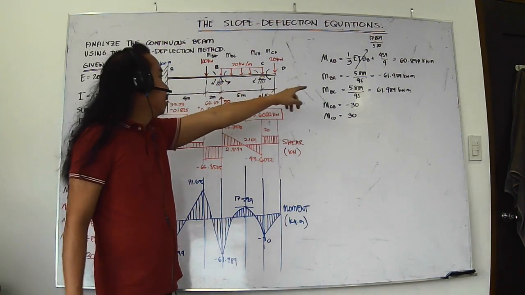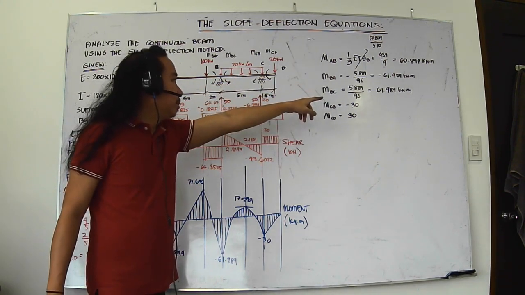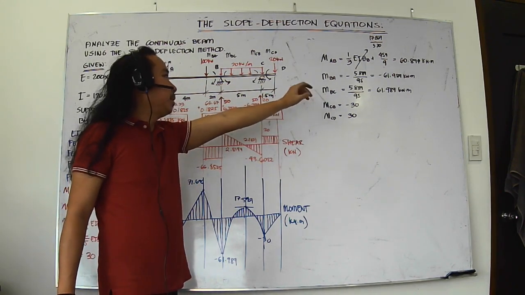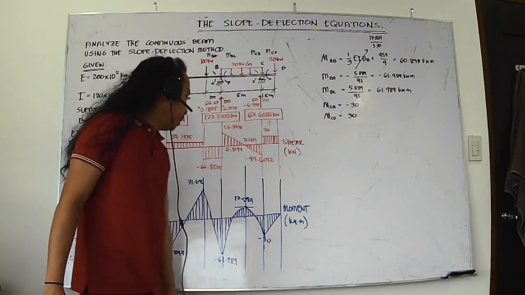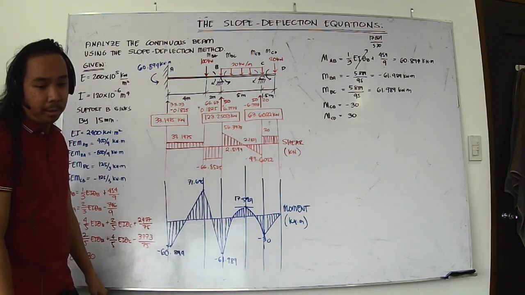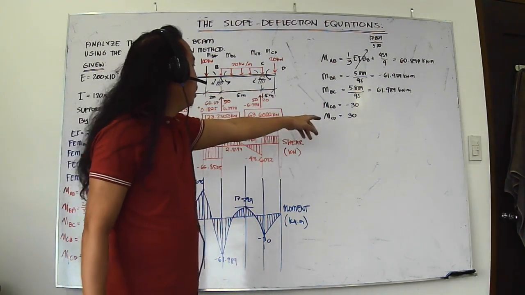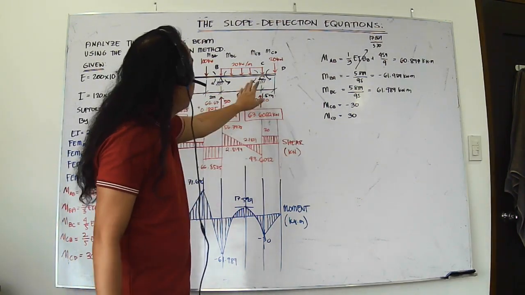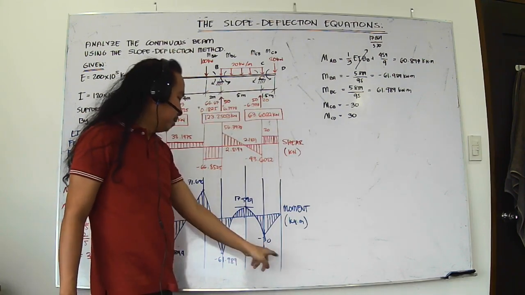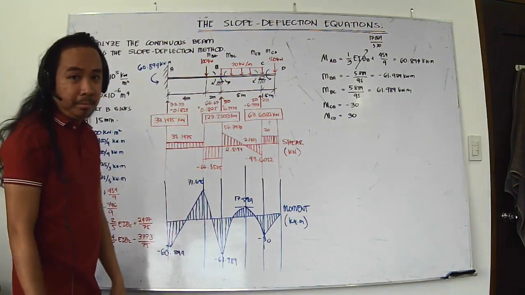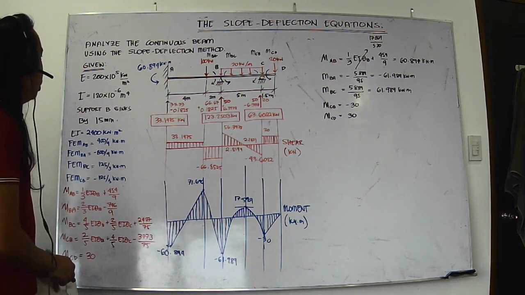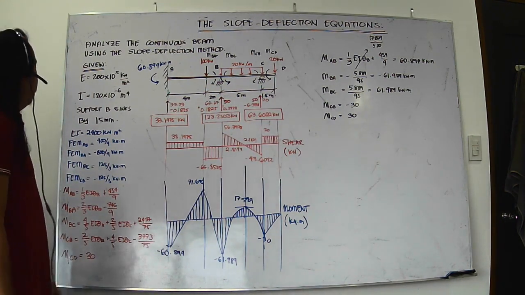BC is equal to 61.989. BA is equal to negative 61.989, the same values. And for CD and CB, either way at C, it is 30 and 30. That is the slope deflection method.